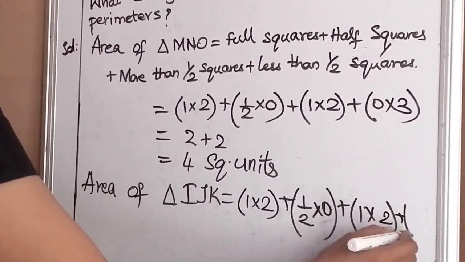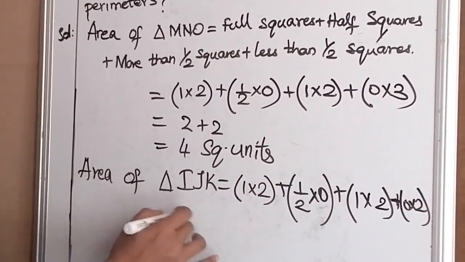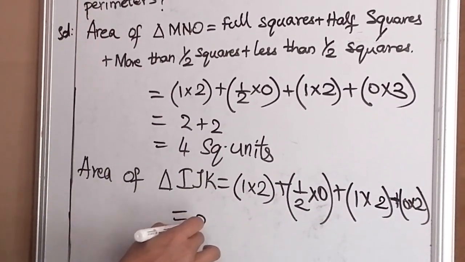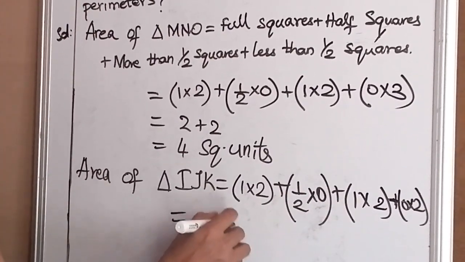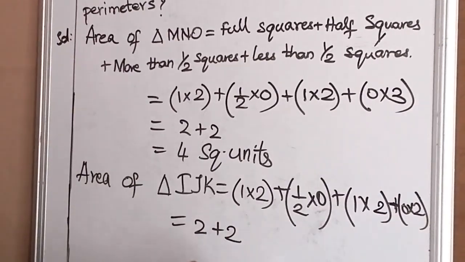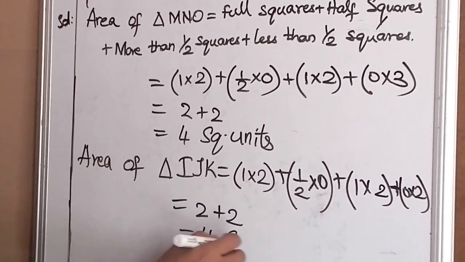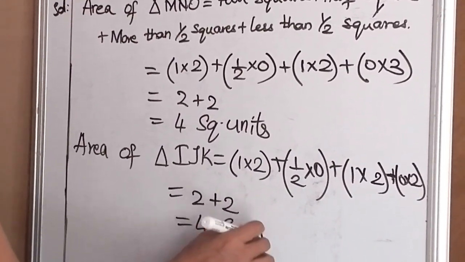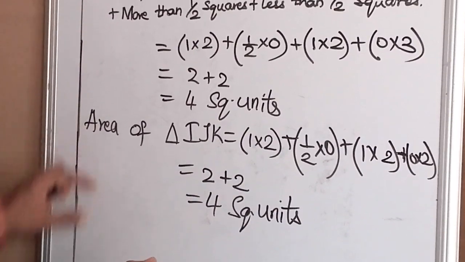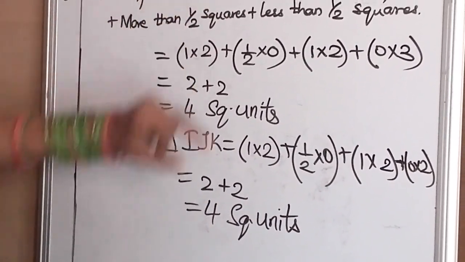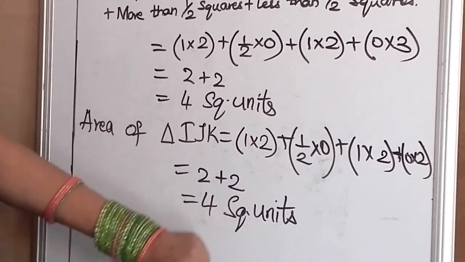Plus, how many less than half squares are there? 2. Okay, so this is equal to 2 plus, this is 0. 1 2s are 2. 0 into 2 is 0. So 2 plus 2 is 4 square units. Did you fulfill the first condition? Square area should be equal? Yes. Area of MNO and IJK is equal to 4 square units only.